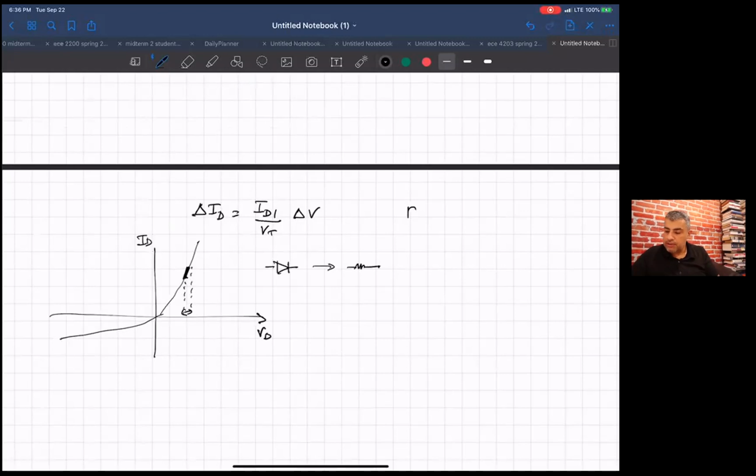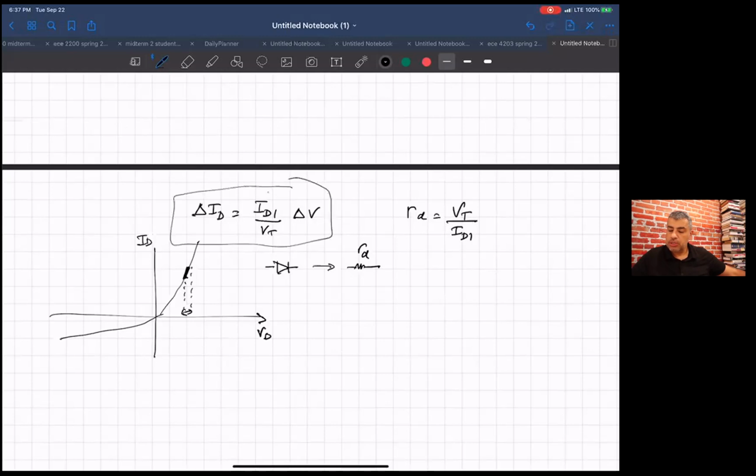Call it R_D, which has a resistance of V_T over I_D1, just from this equation.